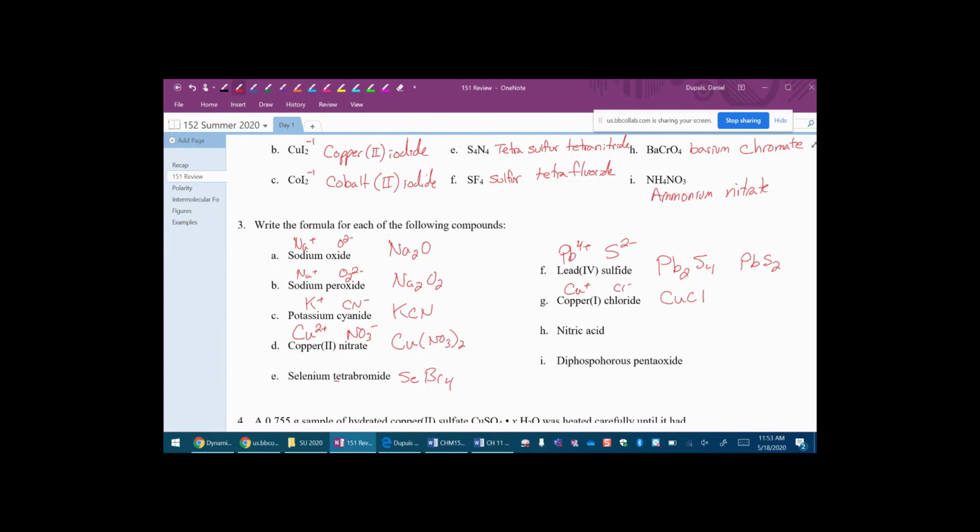No hydro, oxygen. So nitric acid comes from nitrate. Nitrate is NO3 minus, so I need 1 H plus, and I'm good. All right, that's the name of the acid. Diphosphorus, P2, pentaoxide, O5. So that's a little recap of naming. Hopefully that works for you guys.